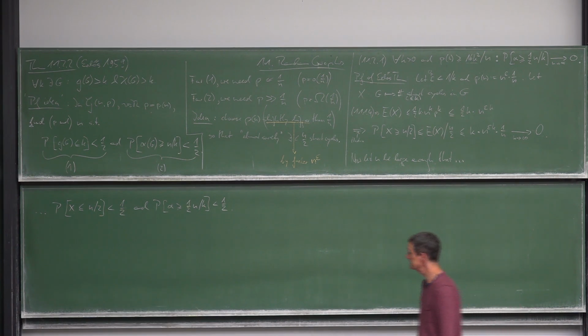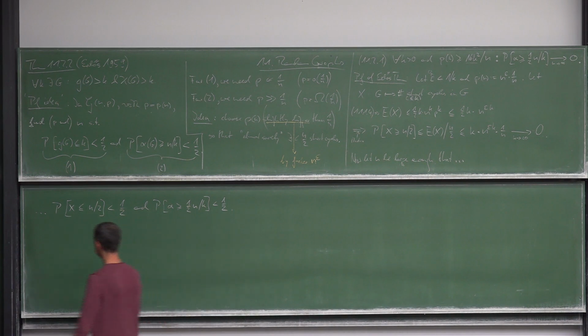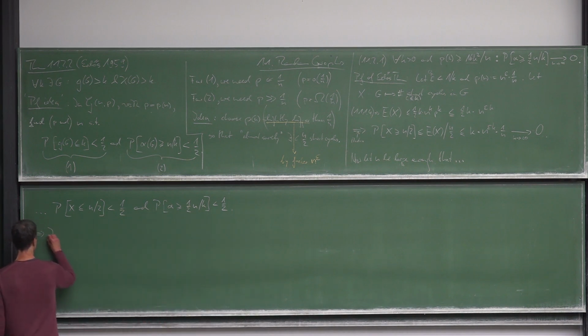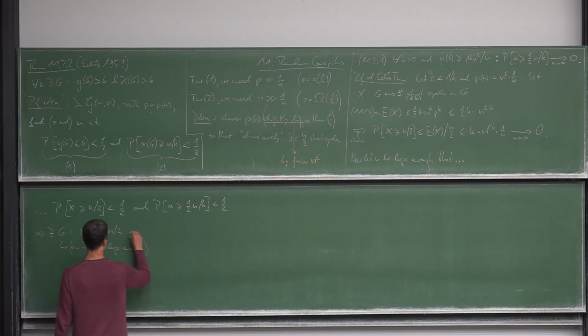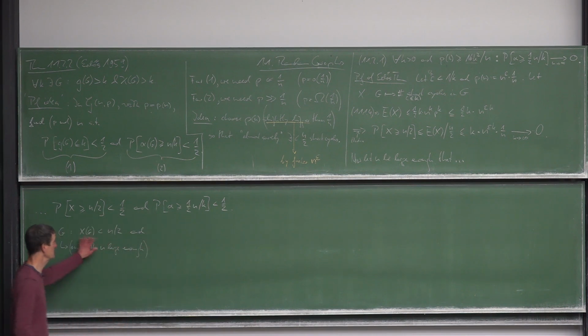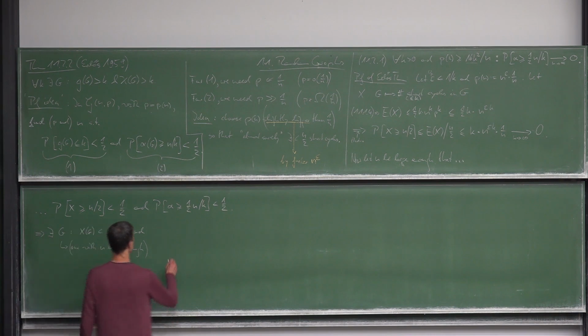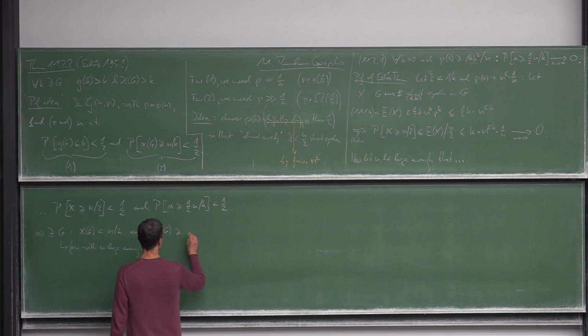So there exists a graph G so that this just says the number of short cycles is less than half the number of vertices, and alpha of G is bounded.